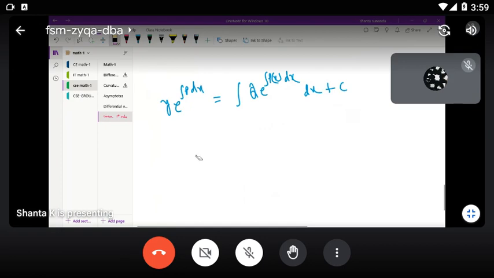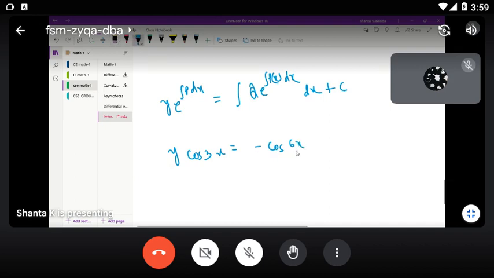So what you are getting finally, y cos 3x. You are saying y cos 3x equal to minus cos 6x by 12. Plus this x much only. No, ma'am.